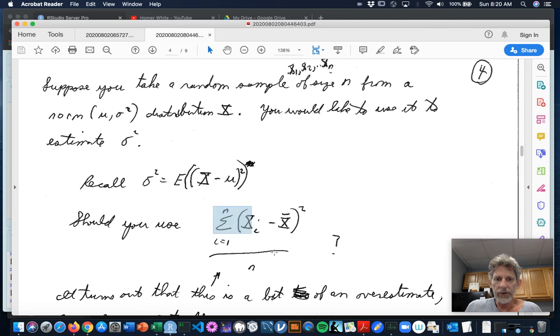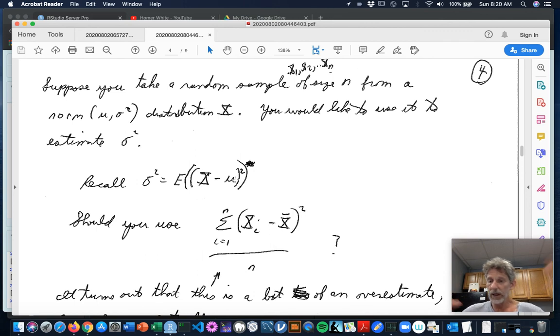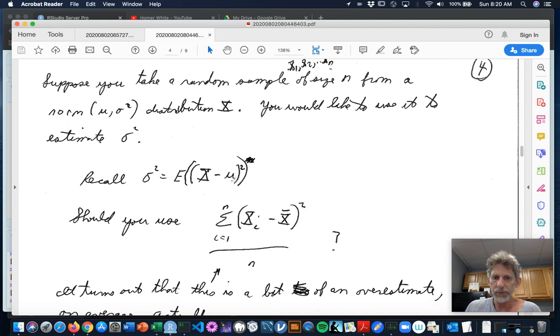And if you average them up, wouldn't that be some approximation to the expected value? Because the expected value is what you get in the long run if you try the random variable again and again. Well, we tried it n times, so maybe the average of what we got should be near the expected value. That's a pretty good idea.